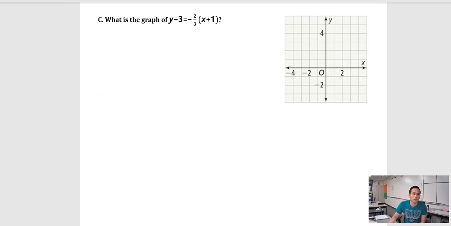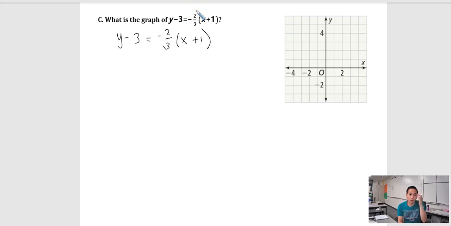Step 1 is to identify a point on the line from the equation and plot it. So we have y minus 3 is equal to -2/3 times x plus 1. This is the given equation.